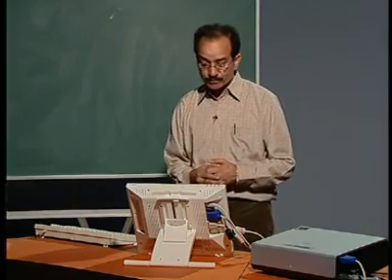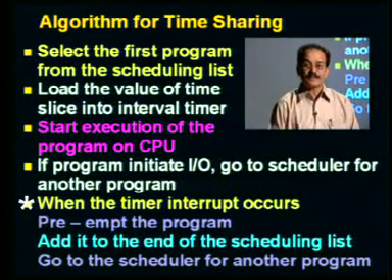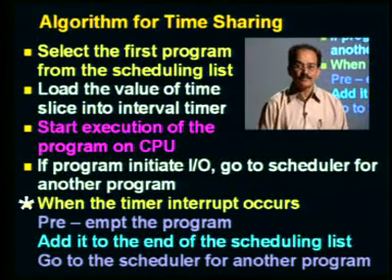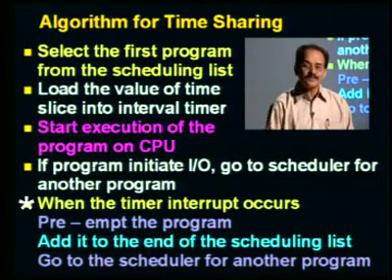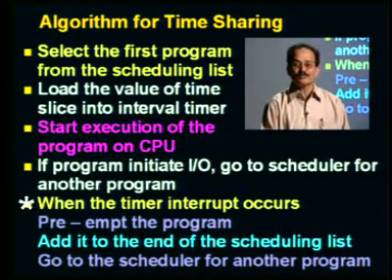Or the job can finish, or there is a timer interrupt. What is the timer interrupt? The moment my time slice is over, I have to take another job from my job scheduler and allow it to execute.